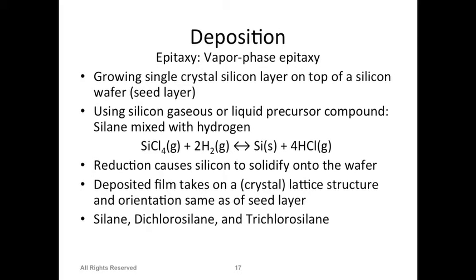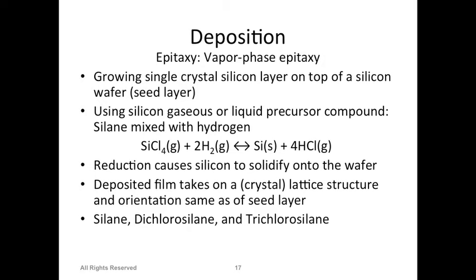But the one major difference between regular CVD and epitaxy is that the film which you are depositing on the surface has the same crystal structure as the underlying film, the underlying substrate.